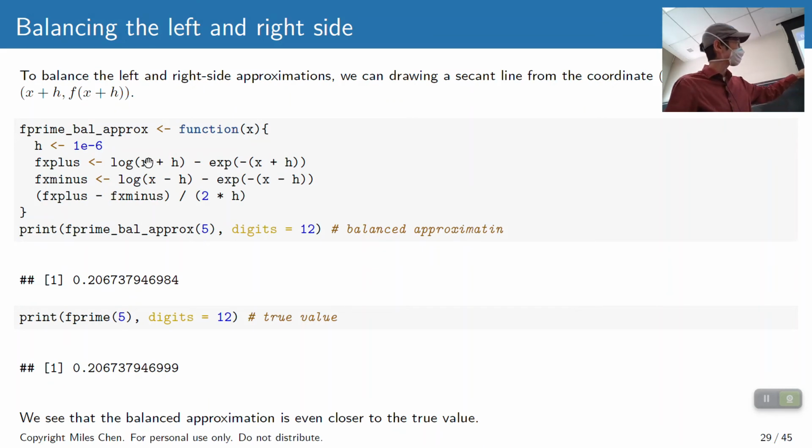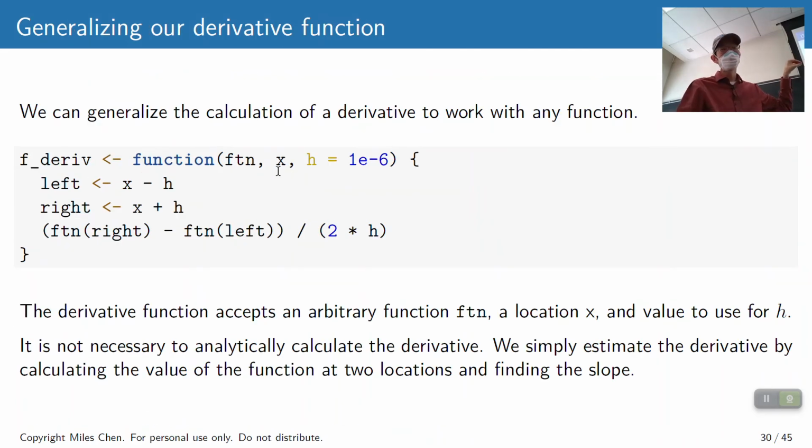Okay, and so here I've been plugging it into log of x minus e to the negative x, but we can pass functions themselves as arguments into another function, right? So here is a function, and this is going to be some derivative approximation, and it will accept as arguments some function, the location x, and some default change h.